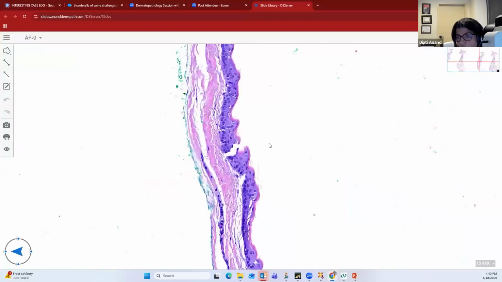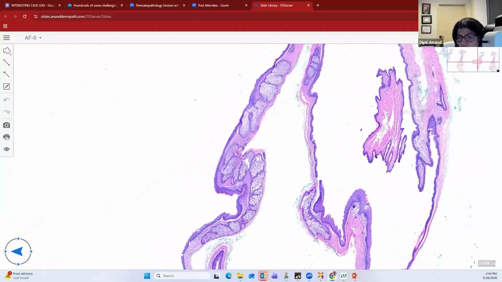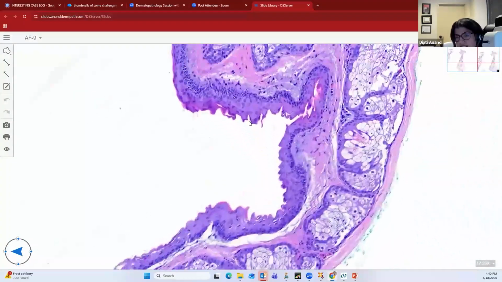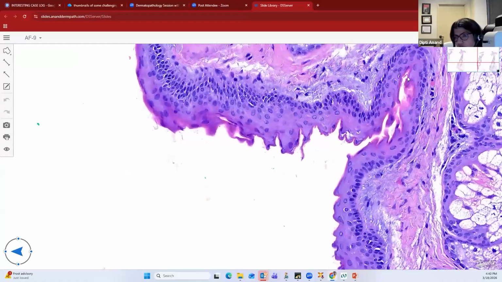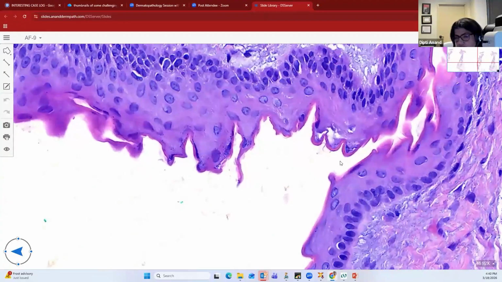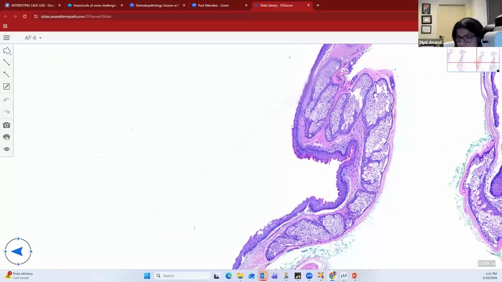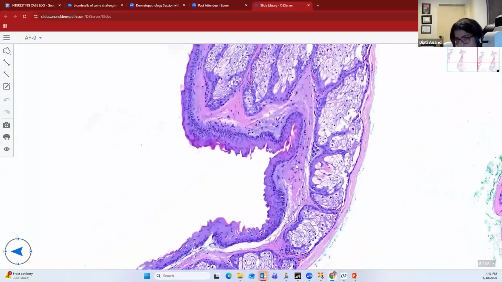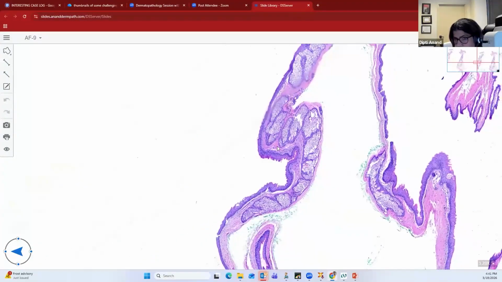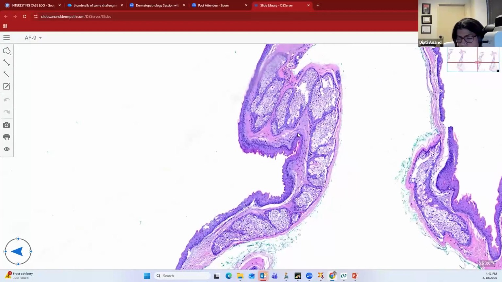If you notice over here, these cells lining the cyst are a bright eosinophilic cuticular lining. So this bright pink eosinophilic lining, as you can see over here, and the wall is kind of undulating. It's kind of wavy. The wall of the cyst often has sebaceous lobules in it, and that's a steatocystoma.